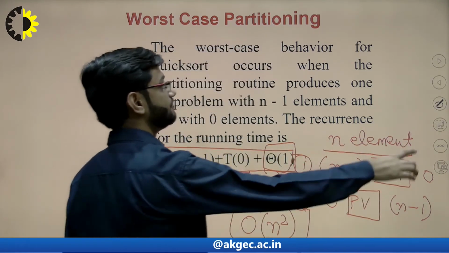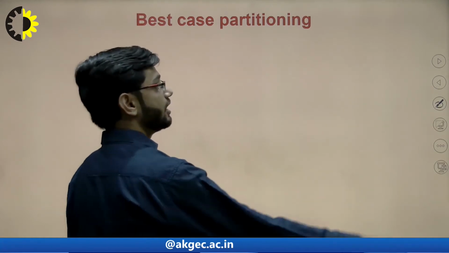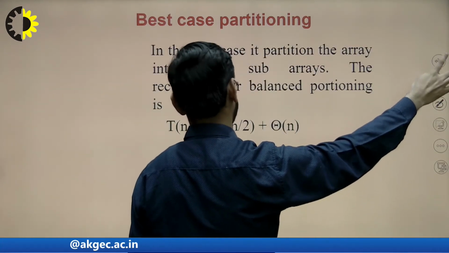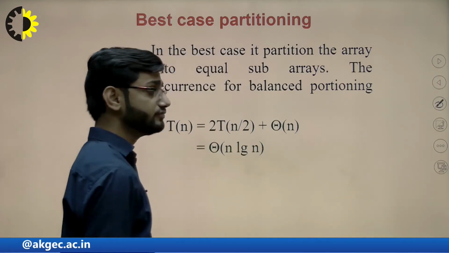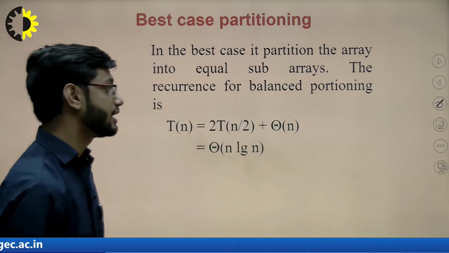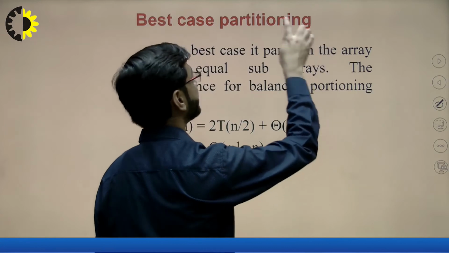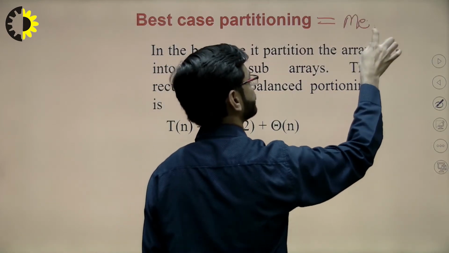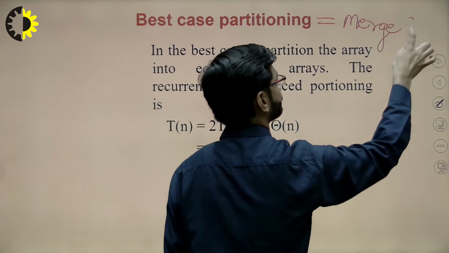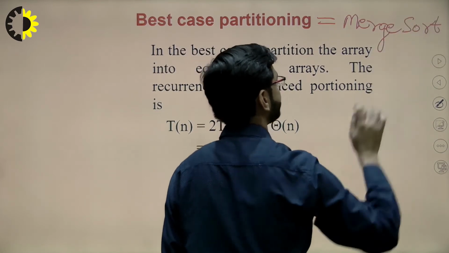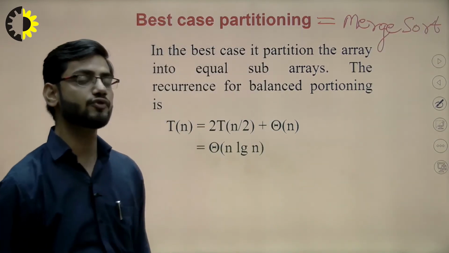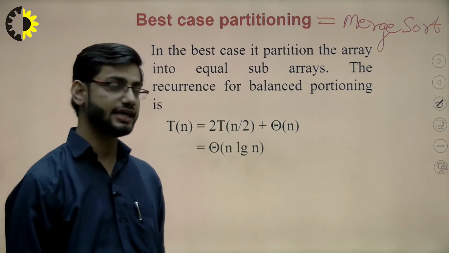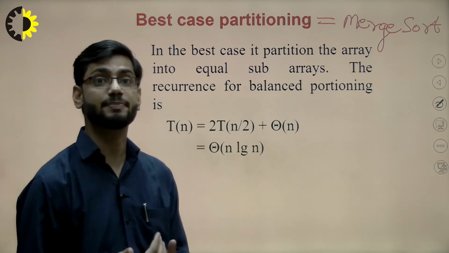Next is the best case. The best case of quicksort can be understood as the merge sort case, when we are getting balanced partitioning.